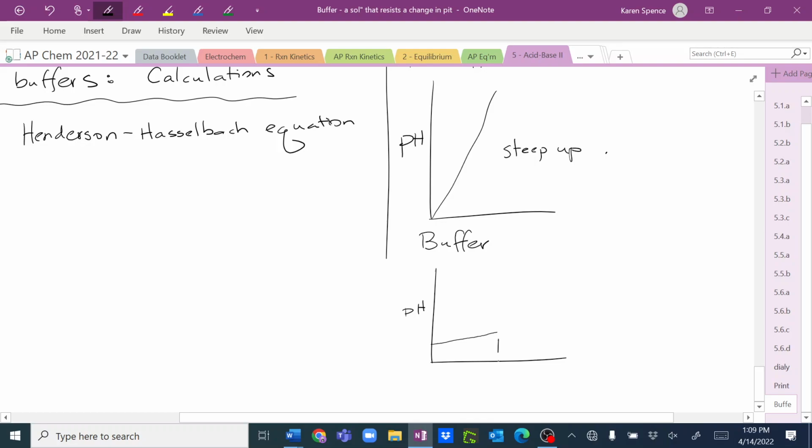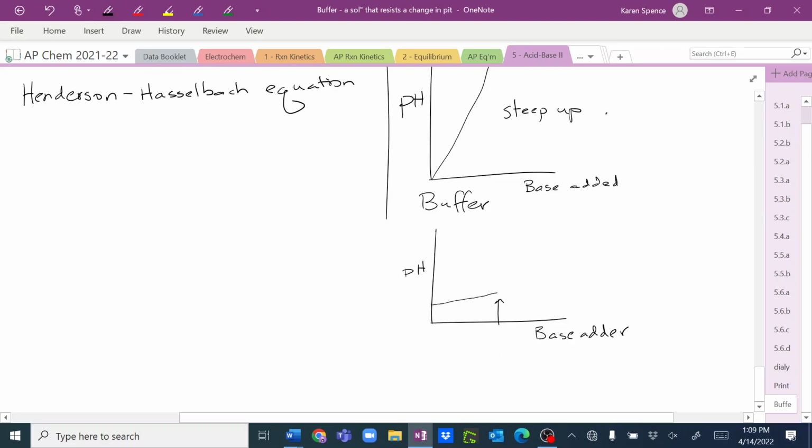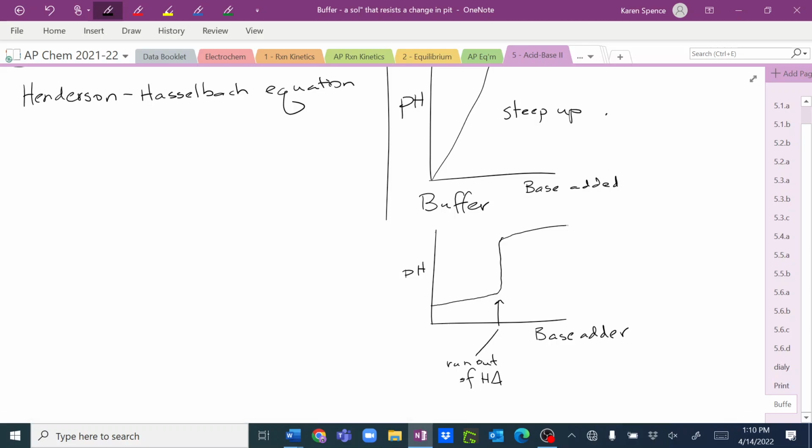And then all of a sudden, this would be base added, we run out of HA, and it will literally go like this. Boom. It just goes straight up.